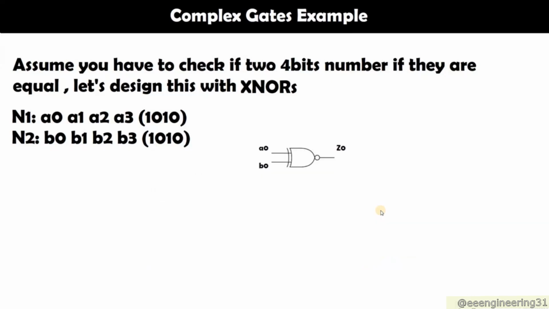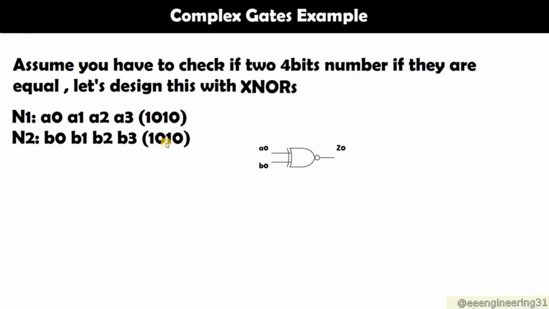Let's see. Now remember, the XNOR gate is the gate that checks if two numbers or two bits are equal, right? So I want to check if this bit equals this bit, this one equals this one, and this one equals this one. Is that correct?